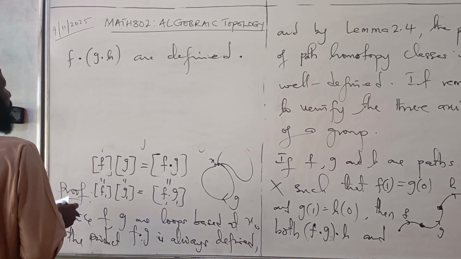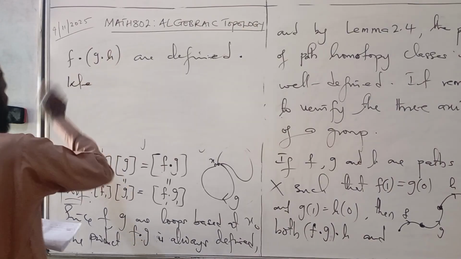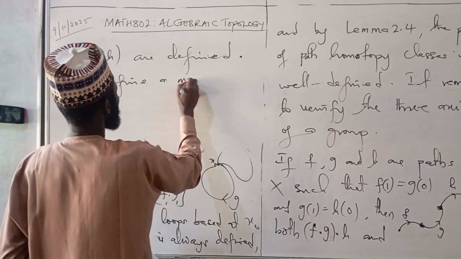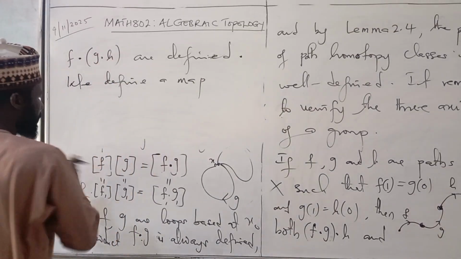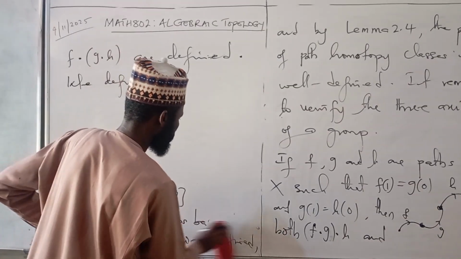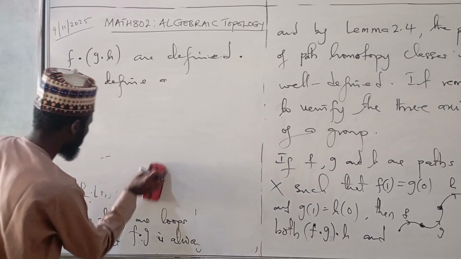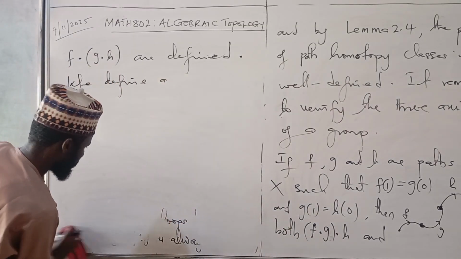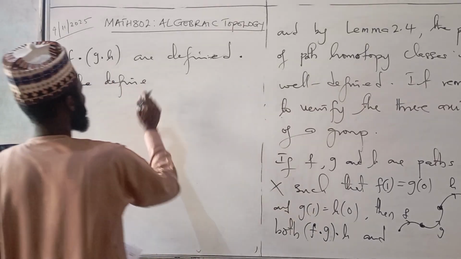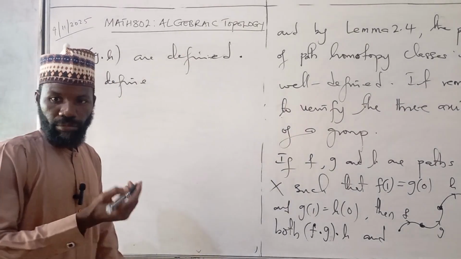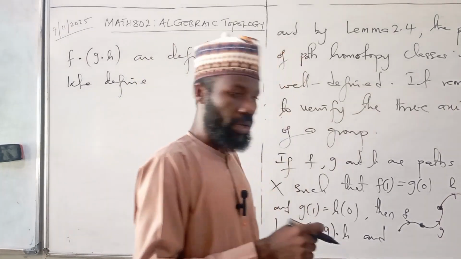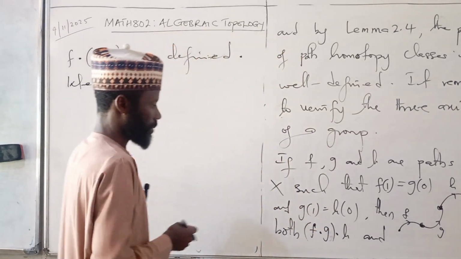So we define a map. I can take a shortcut and say a continuous map, and then we can justify why it is continuous. In fact, we have made a remark that whenever we say a mapping here, we mean a continuous mapping.